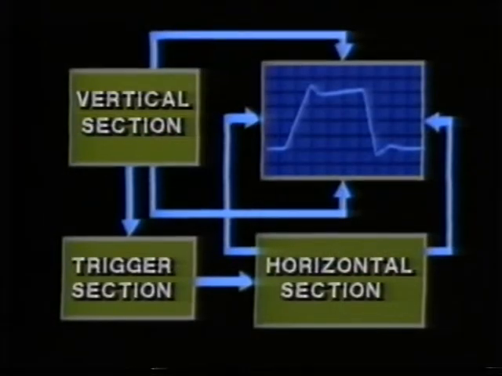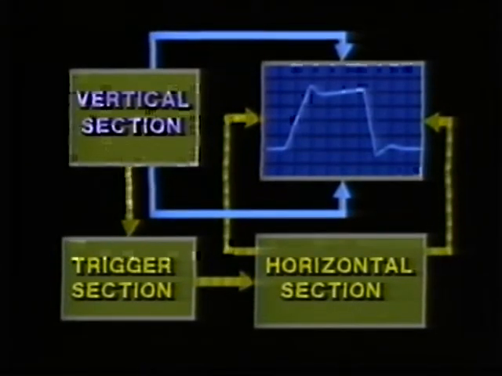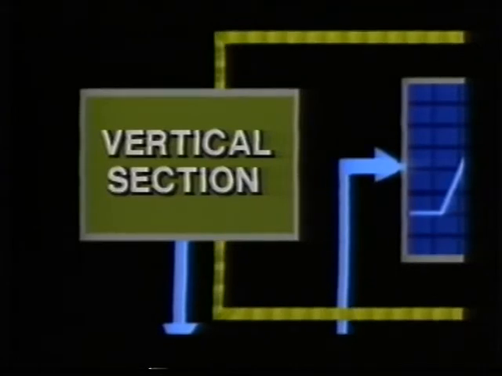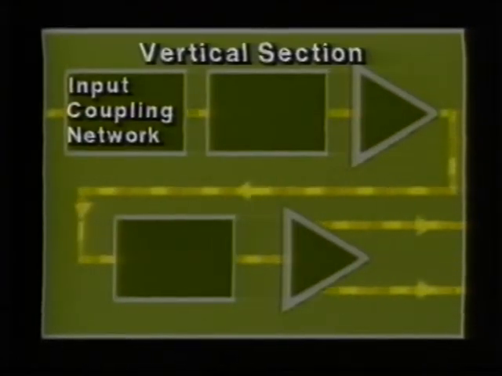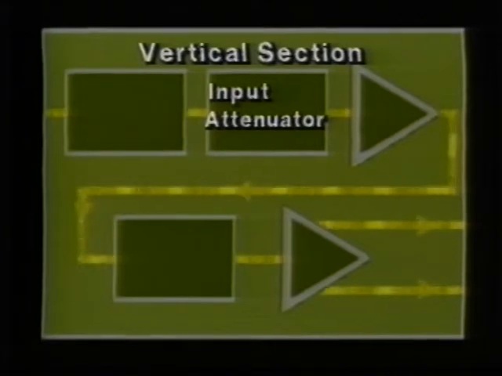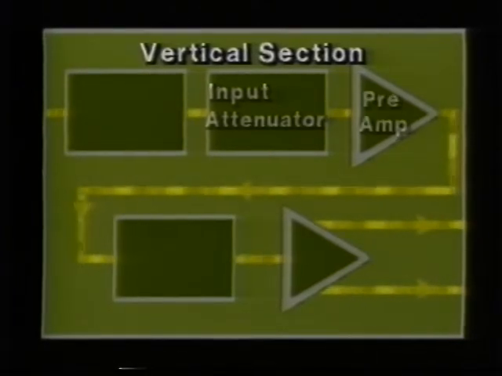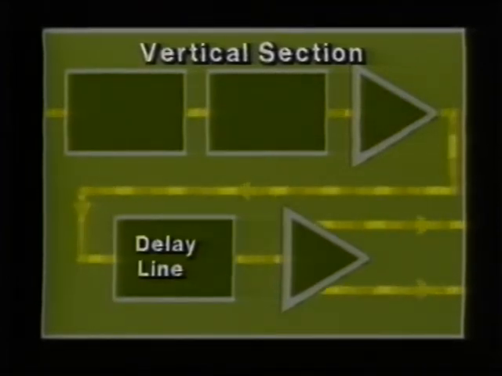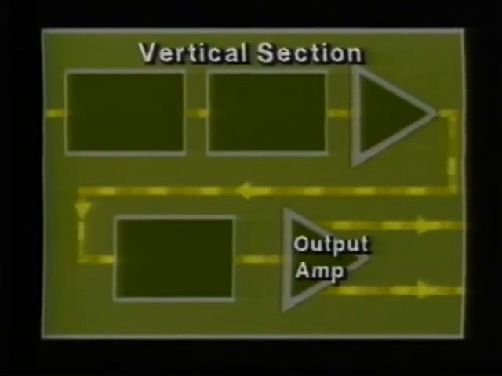The best way to visualize how an oscilloscope works is to split the display into two parts: the vertical portion and the horizontal portion. This diagram shows the functional blocks commonly found in oscilloscopes like the 2235. The vertical section is composed of the vertical input coupling network, vertical input attenuator, vertical input amplifier, the delay line, and vertical output amplifier.